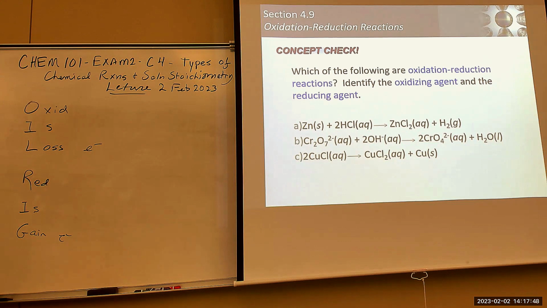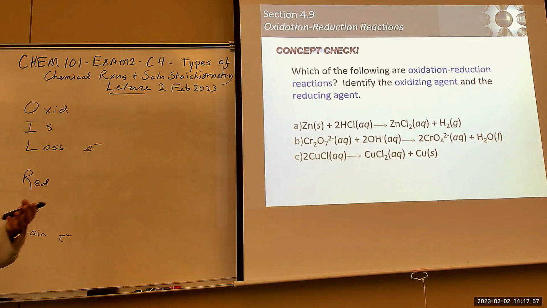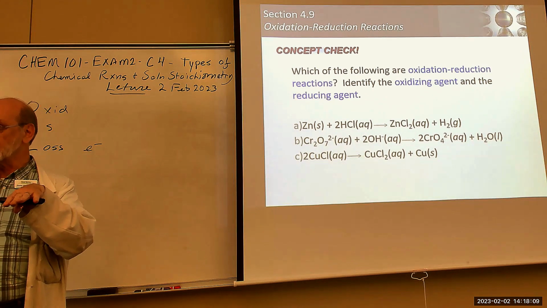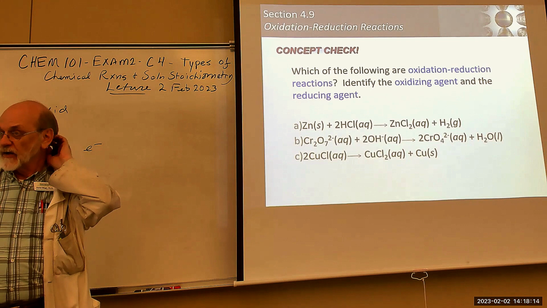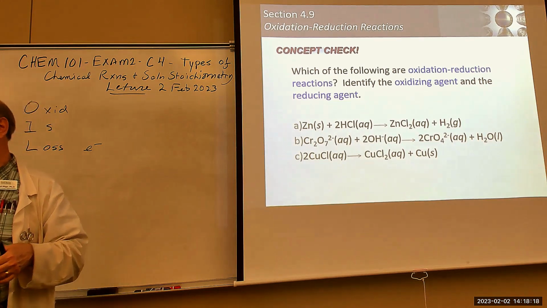So, when we write these equations, we can say one element or one compound is reduced by gaining electrons, and somebody else has to be oxidized. Oxidation and reduction always occur together. The number of electrons that move away from something have to go somewhere. Right? Otherwise, you have electrostatic charges. We don't have those in bench chemistry.